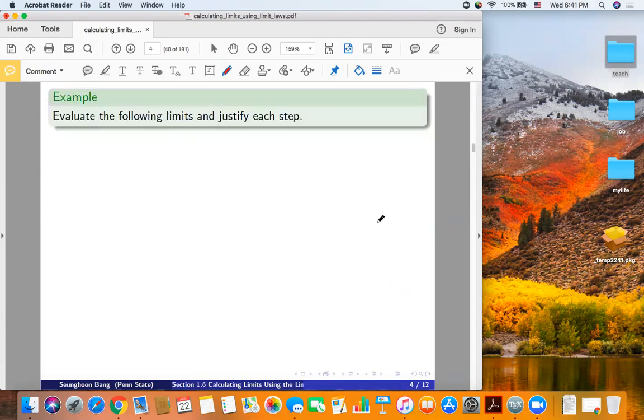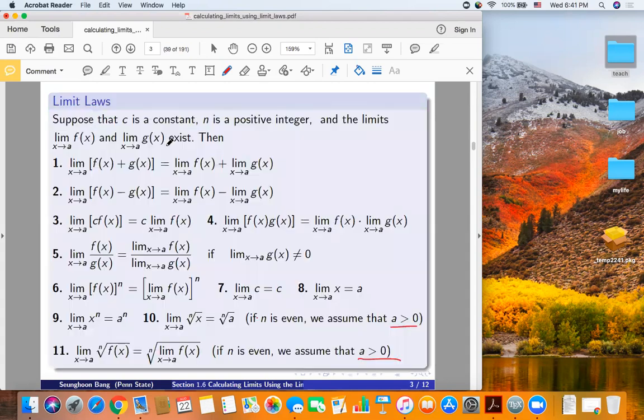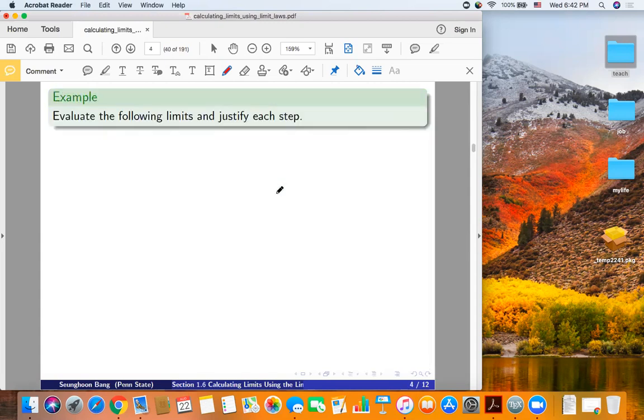The next one. Evaluate the following limit and justify each step. How can you solve this problem? The first one is a sum and difference of three terms, so we distribute the limit to the first, second and third term.